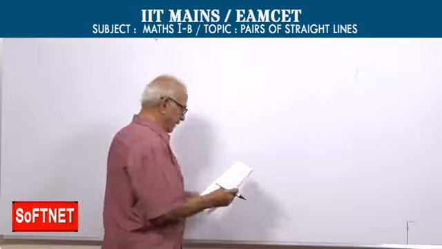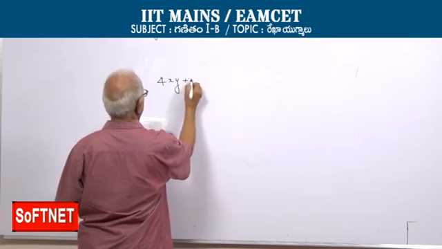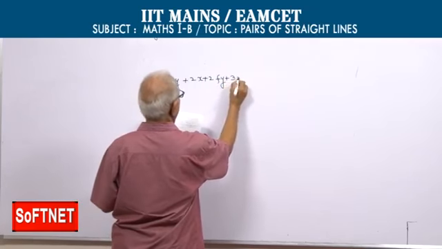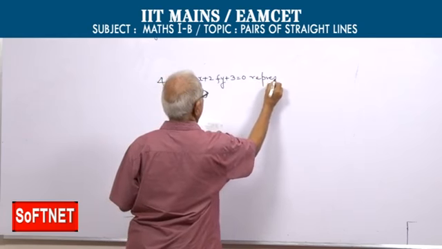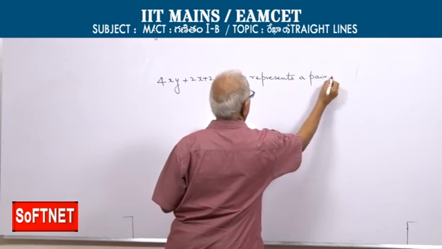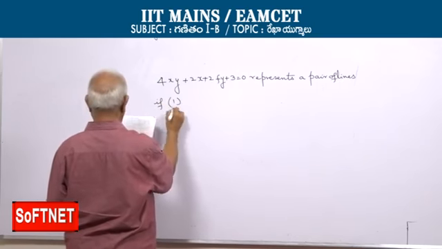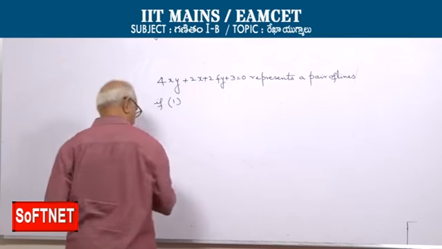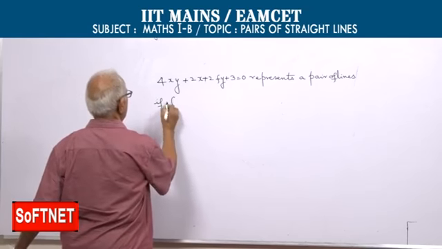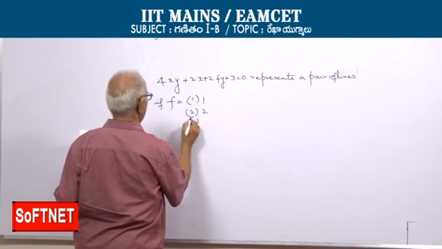Another simple question: 4xy + 2x + 2fy + 3 = 0 represents a pair of lines if f equals: 1, 2, 3, 4.